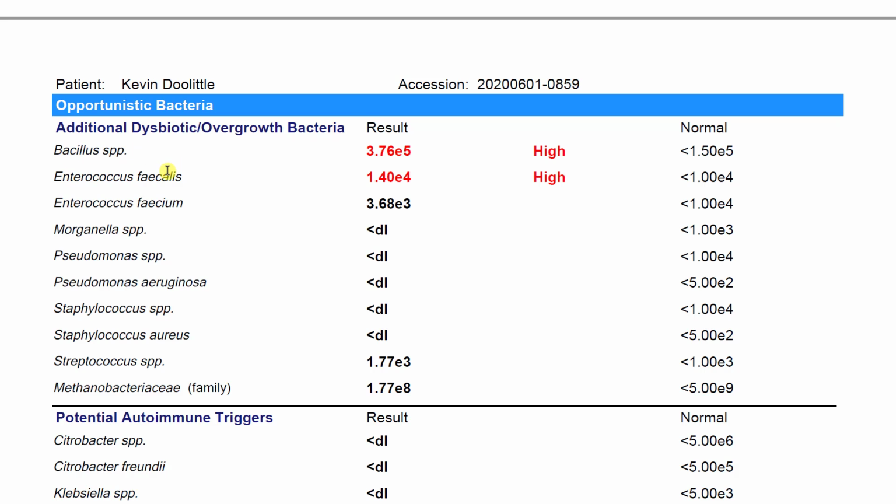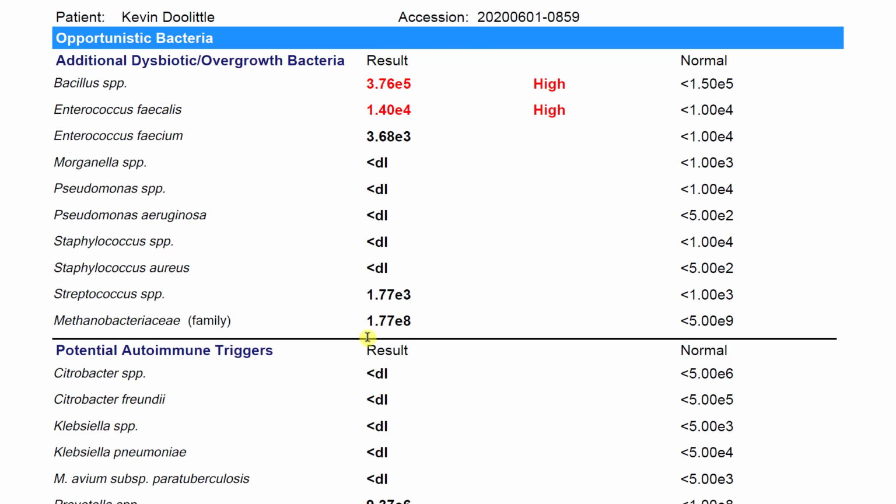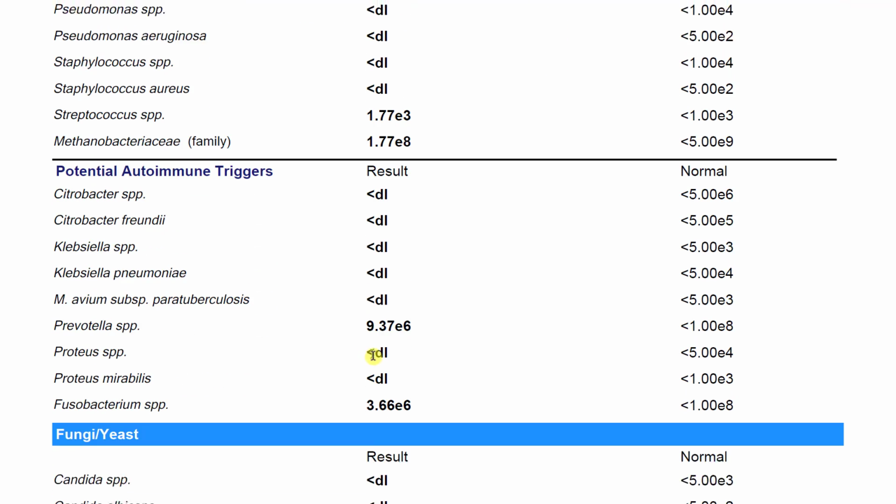Enterococcus could cause problems if it continues to get overgrown, and it's just barely over the threshold, at 0.40. Certainly, as you begin to do some gut rebalancing and gut rebuilding, these should actually correct on their own. So I would say that you are safe to proceed with gut rebuilding, and there are a few things that I will be suggesting that you incorporate for that.